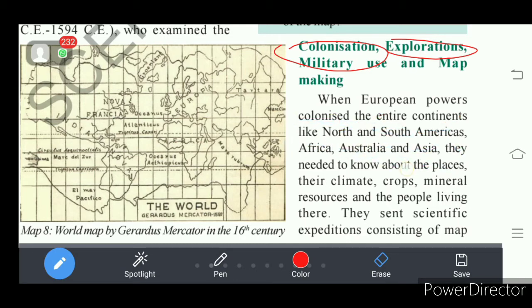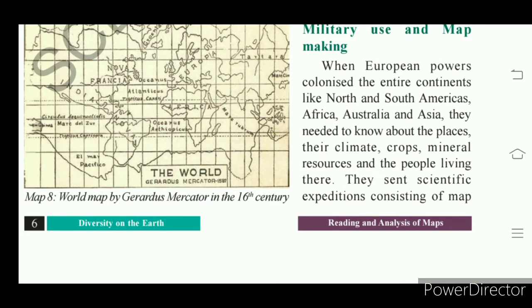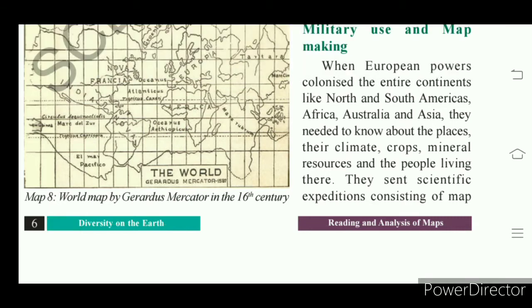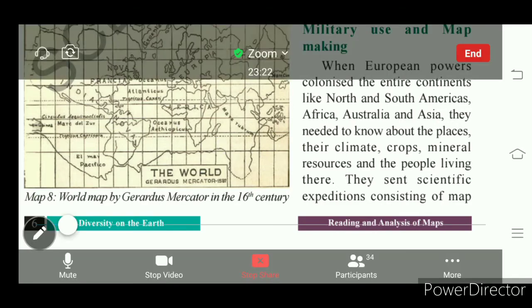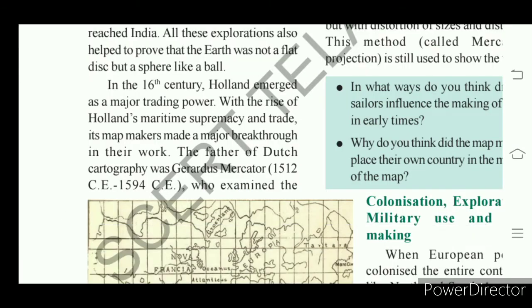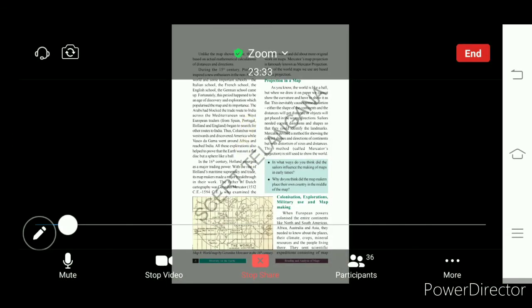So for this purpose, in the 16th century, they sent scientific expeditions, in which map makers were also present, along with other people, to explore different parts of the world and prepare a world map. Understand? So scientific expeditions started in the 16th century.